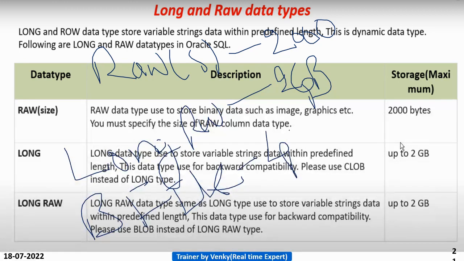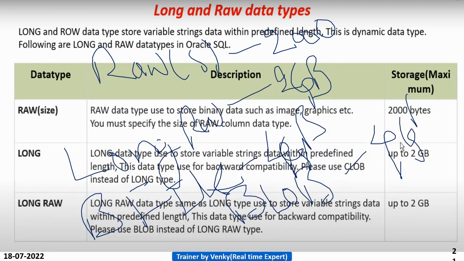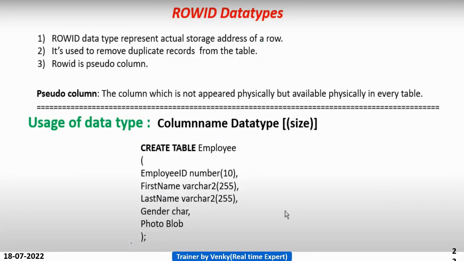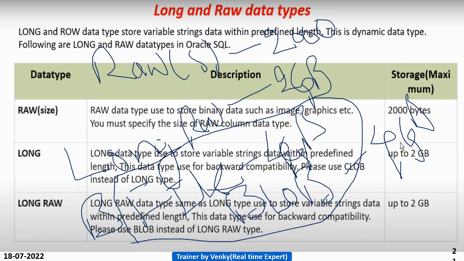How many bytes? 4 GB. BLOB, binary large objects, 4 GB. Clear? But in my real time I used BFILE and BLOB. CLOB also I never used.